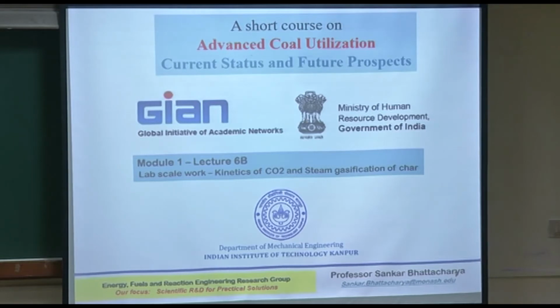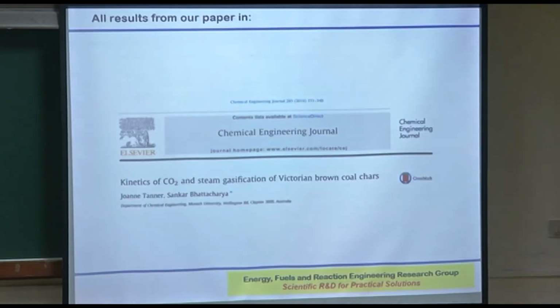So this work was done by Joanne Tanner back in 2013-14, and she looked at the kinetics of CO2 and steam gasification for our chars. As you know, when we talk about gasification, we usually refer to the gasification of the char, not the coal as a whole.